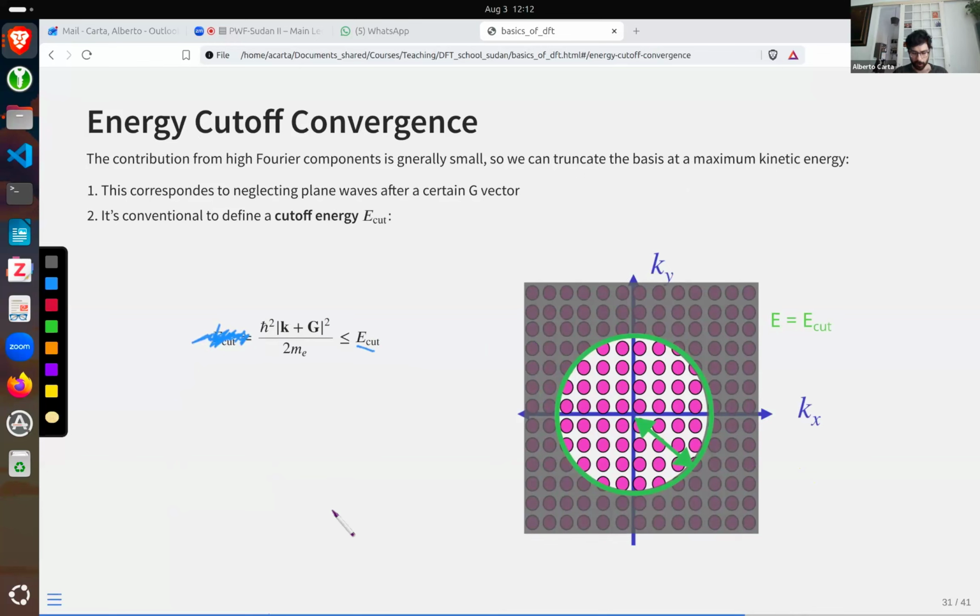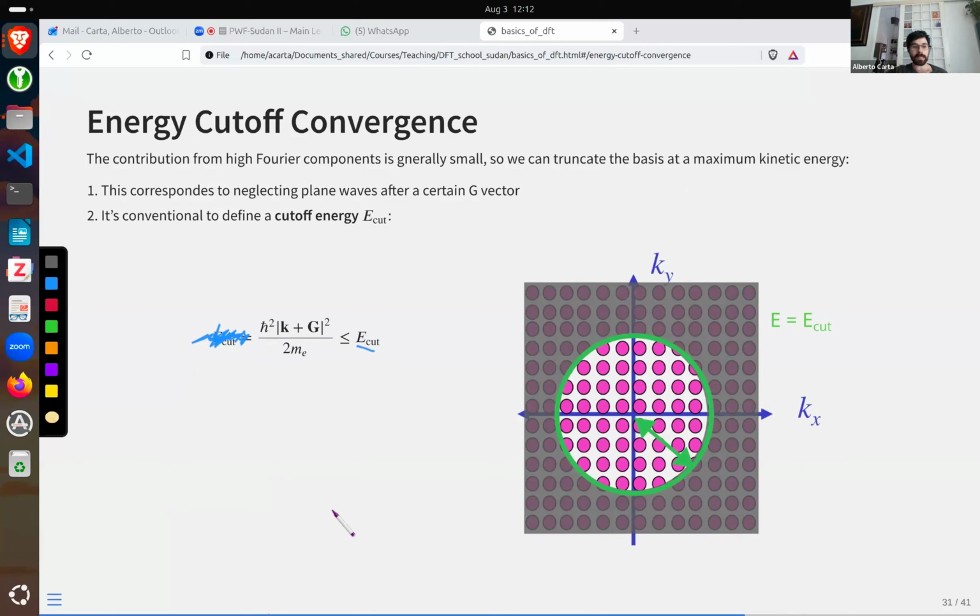So this cutoff holds for any system, not only molecules; any system will have its own cutoff. The cutoff basically tells you how complicated the functions that I can have inside the crystal can be.